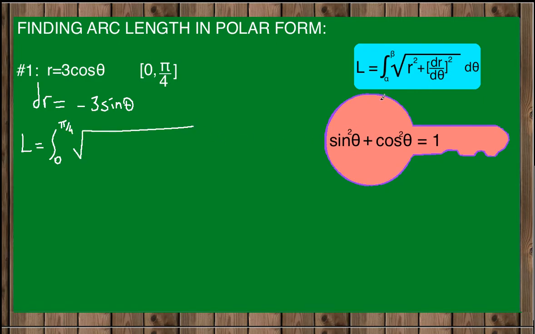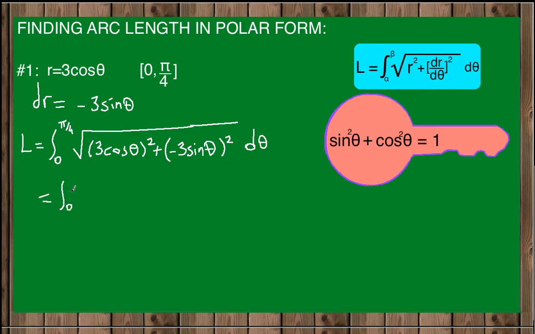Square root of r squared, which is 3 cosine theta squared, plus the derivative of the radius squared, which is negative 3 sine theta squared d theta.